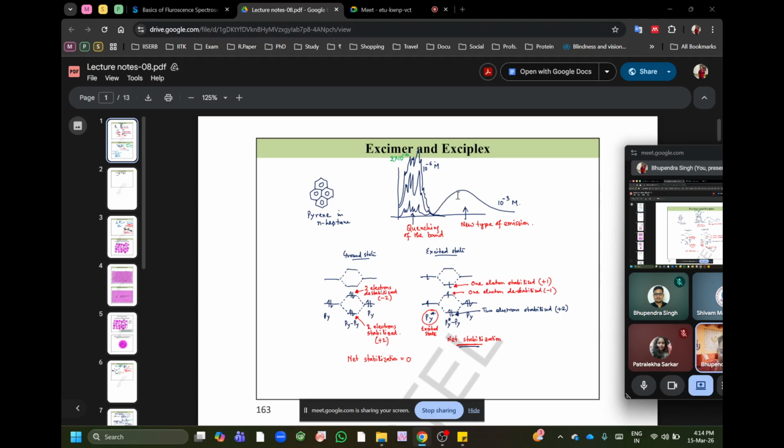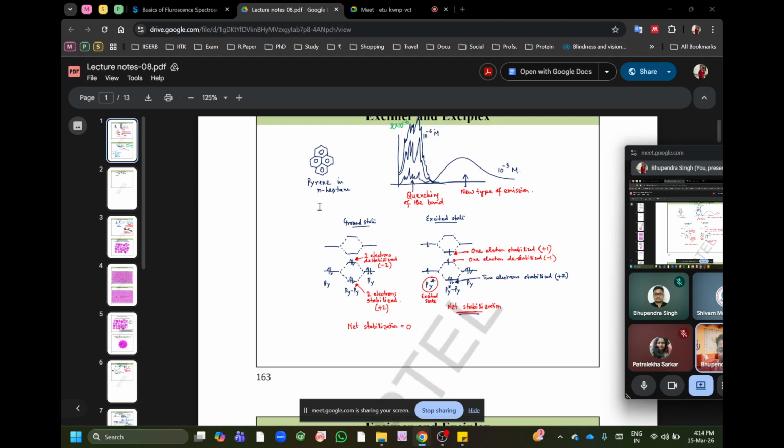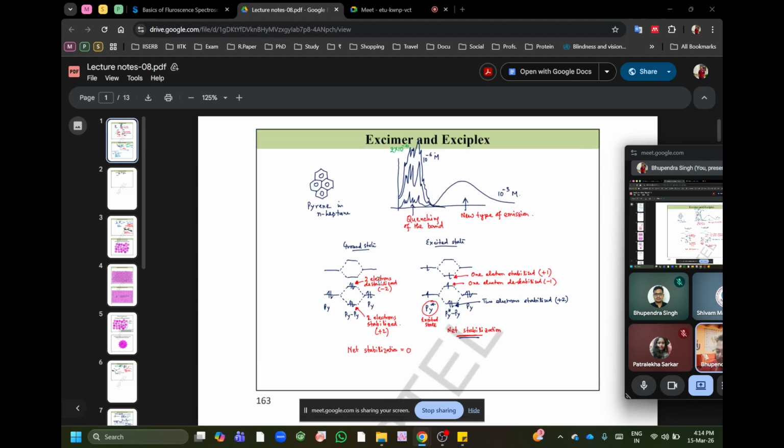So why so? Because as Sarah has already explained, in the ground state it is like 2 pyrene, 2 pyrene. It is the case of dimer formation. In the ground state, even if we consider that they are bonding, 2 electrons are here, 2 electrons are here.